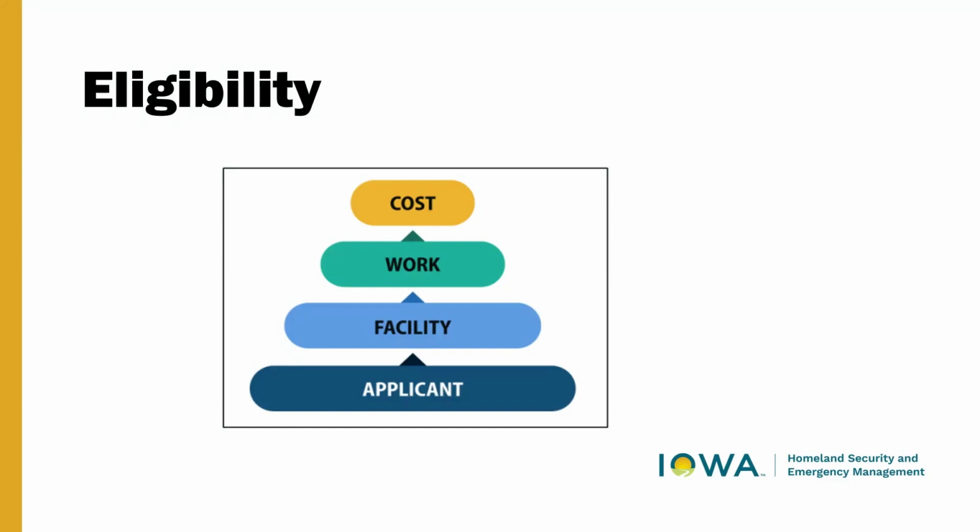Work is categorized as either emergency or permanent work, and cost is the funding tied directly to eligible work and must be adequately documented, authorized, necessary, and reasonable. Eligible costs include force account labor, force account equipment, force account materials, contract work, as well as direct and indirect administrative costs.